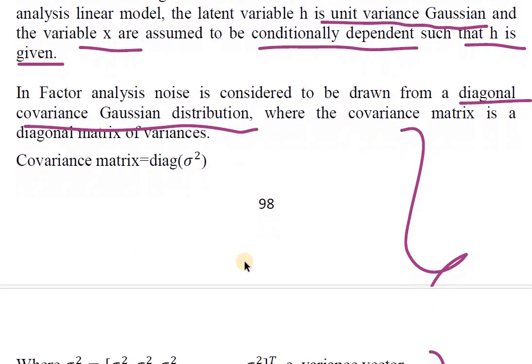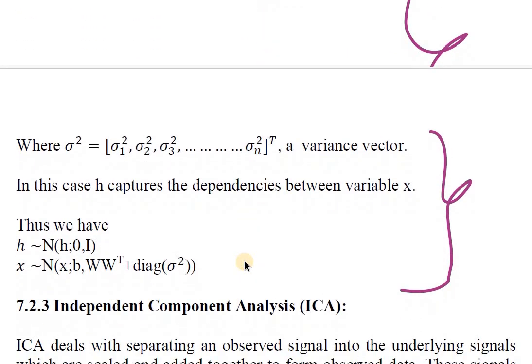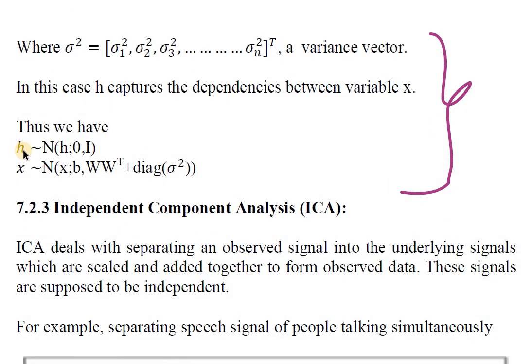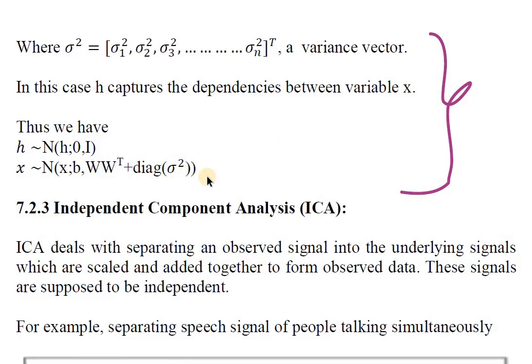And again the covariance matrix is given as it is shown over here. Okay, and the meaning of H, X and the related terms remains the same. The difference that you can see is in this formula. Okay, this particular formula for PCA was different, and for factor analysis it is different.